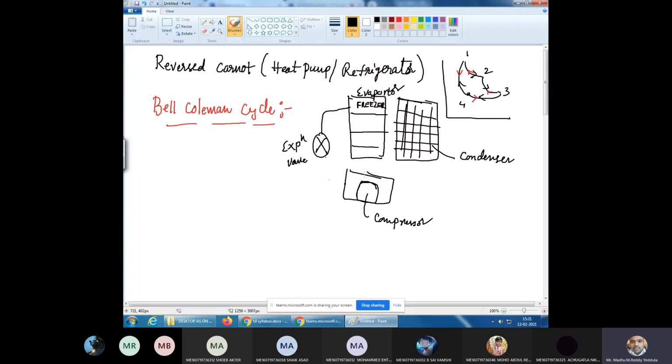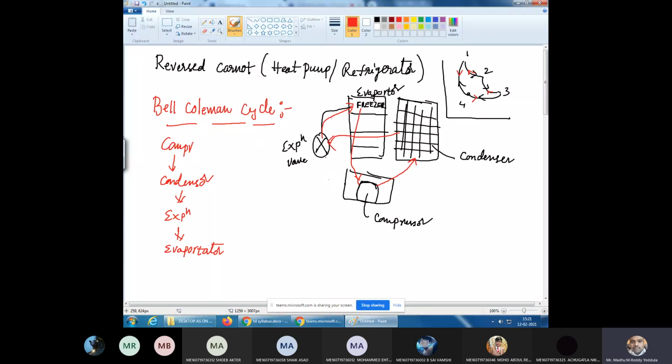The sequence: from the evaporator, it is connected to the compressor, compressor to the condenser, condenser to the expansion, then expansion to the evaporator. So first compressor, it will go compressor to condenser, condenser to expansion valve or capillary, and from expansion to evaporator. So evaporator is our freezer.